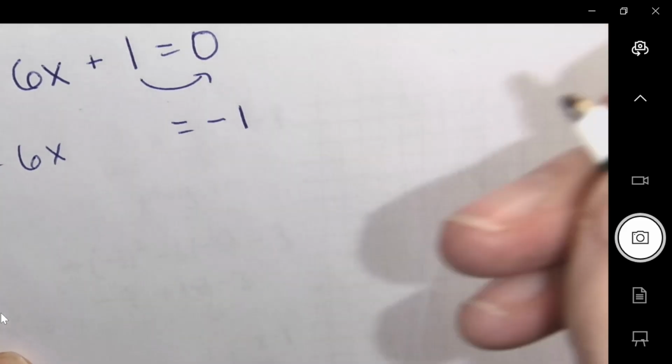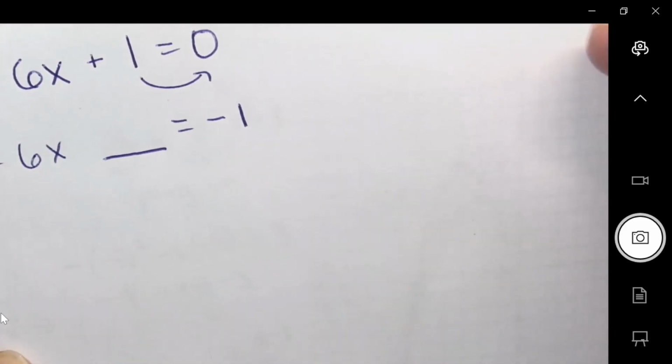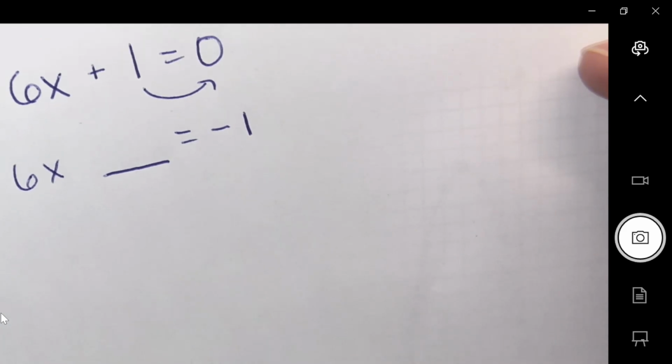Step 2: you are wanting to make your own trinomial. This is going to be a perfect squared trinomial. So what do I have to end it with? Do you remember?